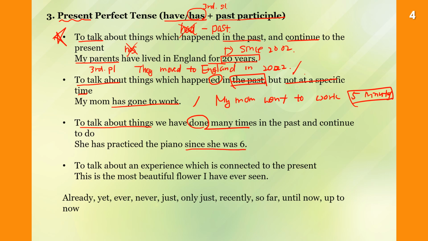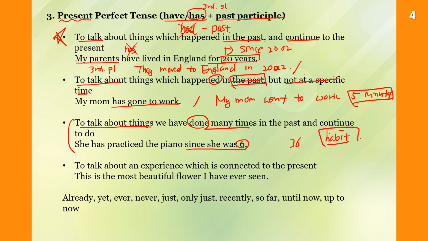So maybe she is 36 now, she has practiced the piano for 30 years. So when you talk about things we have done many times in the past and continue, you use present perfect. Maybe habit or education can be the word here.